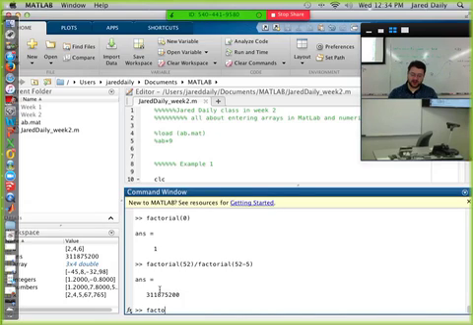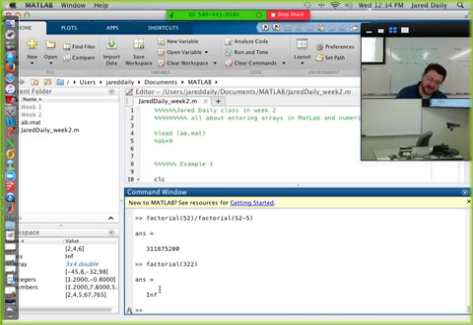Let's take a factorial of a big number, 322 for example. It's showing it as infinity, and essentially what we run into here is that we picked a number that is so big that MATLAB cannot handle it. It doesn't have storage space for it.